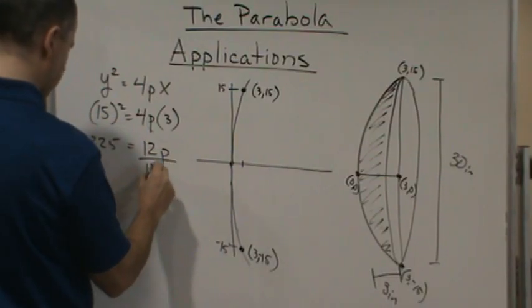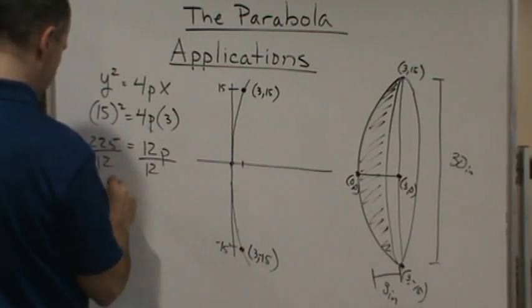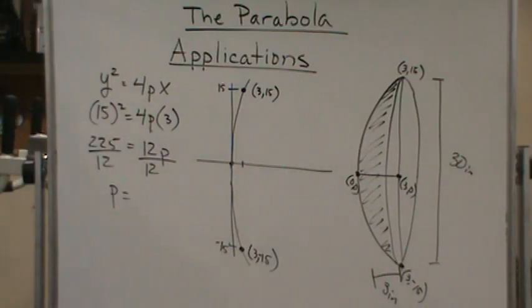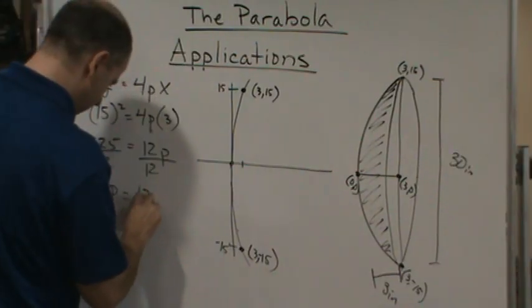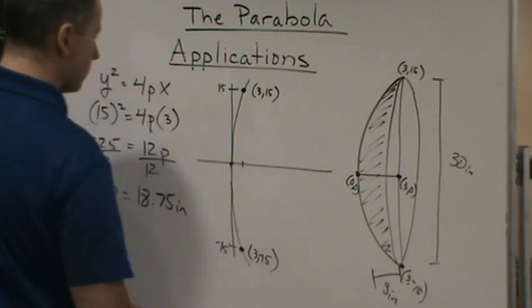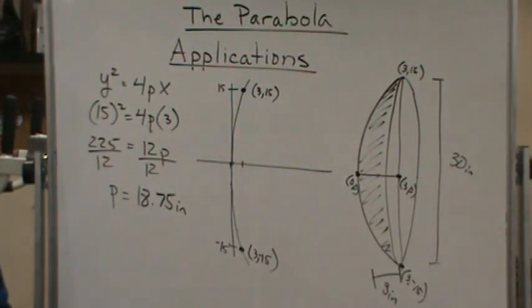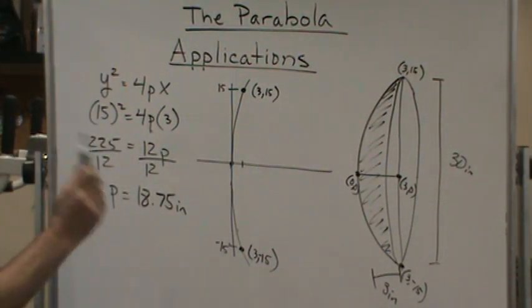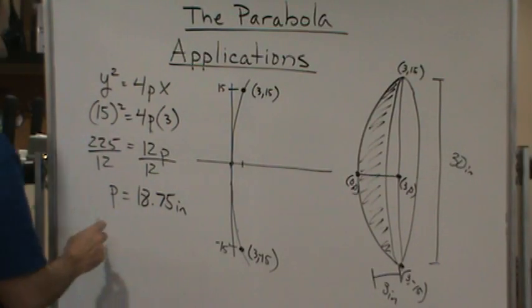And if we divide both sides by 12, we get p is equal to, let's get our calculator, and we get 18.75. So 18.75, and that's going to be in inches. All the units are in inches. Okay. So now we know our formula.